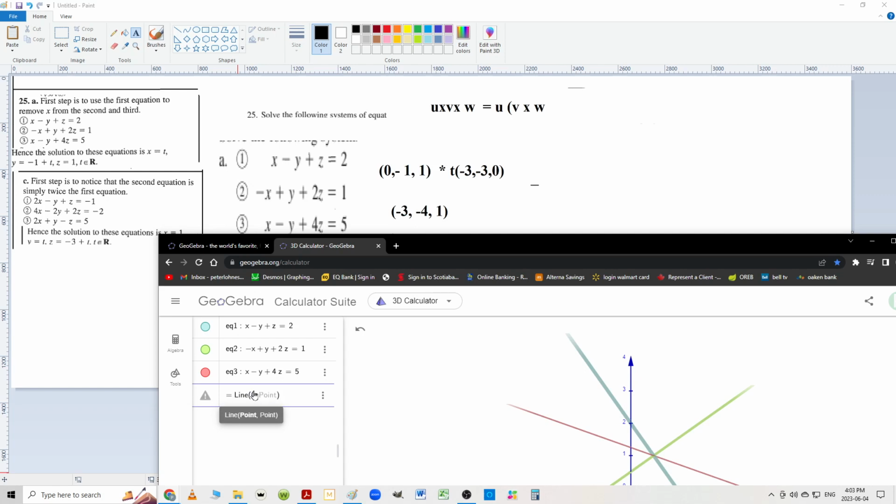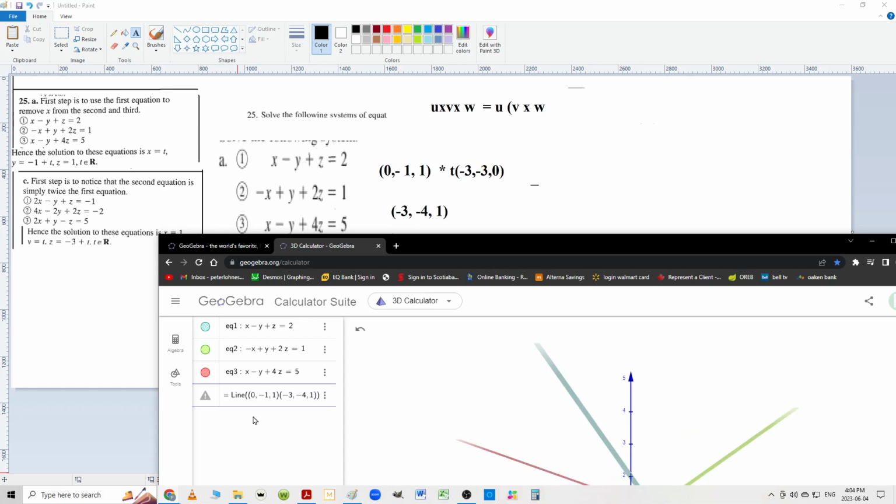We're going to use the point of origin, or the r naught, and you have to put it in brackets. 0 comma minus 1 comma 1, then close brackets, then open brackets, and put in your other point, minus 4 comma 1, close brackets, and then click elsewhere. And it will draw the line.